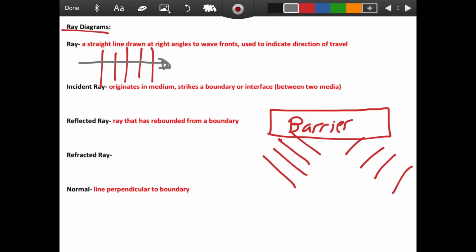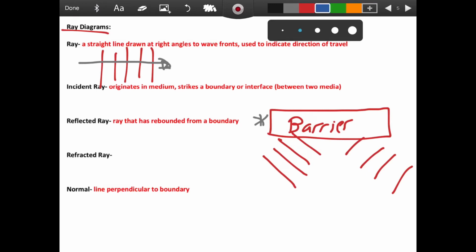The incident ray is the original wave. It's going to strike a barrier or interface, which could be between two media, but that's not applicable till we do refraction. The reflected ray is the one that rebounds from the boundary, and the normal is just the line perpendicular to the boundary. So here I have my boundary.